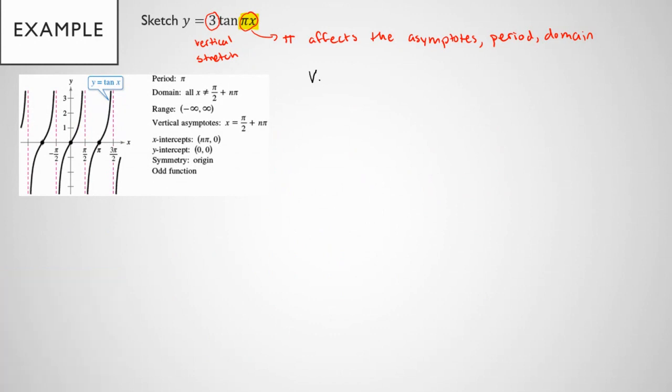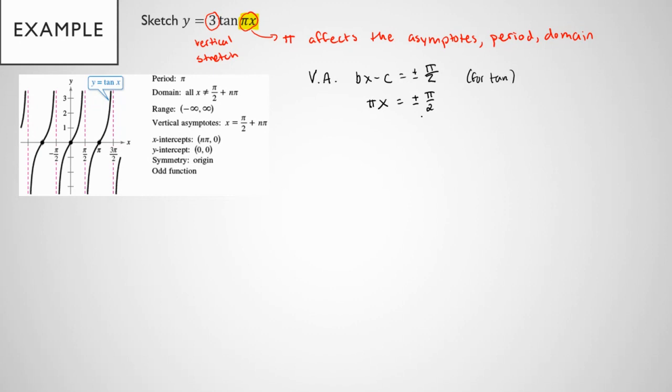So I'm going to start with our vertical asymptote here. So it's bx minus c equals ± pi/2, and that's specifically for tangent. So the inside of our tangent function is just pi x. So I'm going to say pi x is equal to ± pi/2.